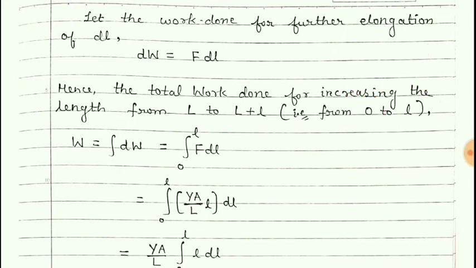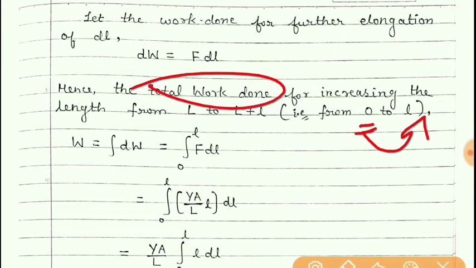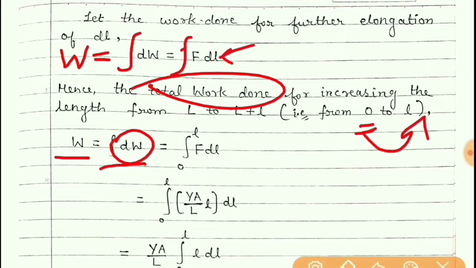If you consider that the length is increased from 0 to l, the total work done can be obtained by integration. So if we integrate this, we will get the total work done. I have written that the total work done is equal to the integration of dw. And what is dw? It is F dl. And we have to put the limits, that when the force was applied, the length was increased from 0 to l.